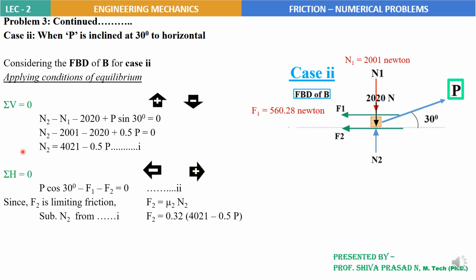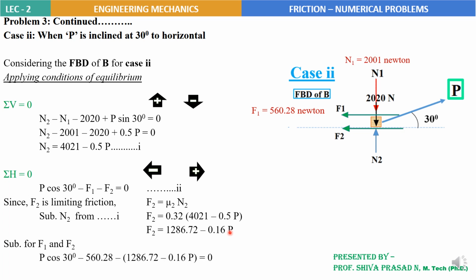Take from this equation, N2 is equal to 4021 minus 0.5 P. So this is N2. From equation number 1 we are substituting the value of N2. So let's further reduce this equation and substitute the values of F1 and F2 in equation number 2.